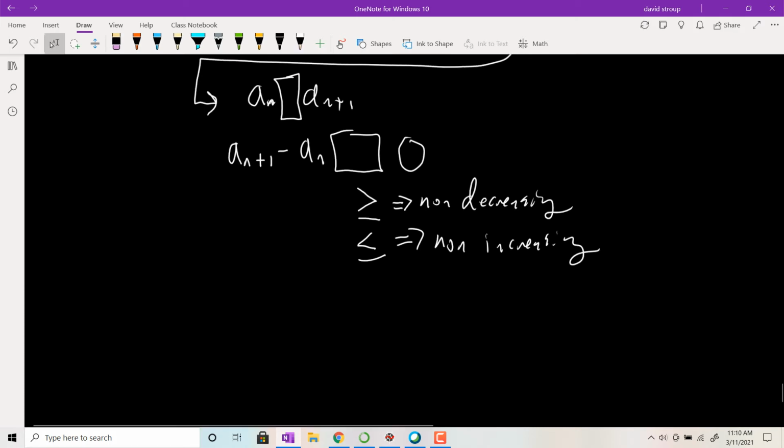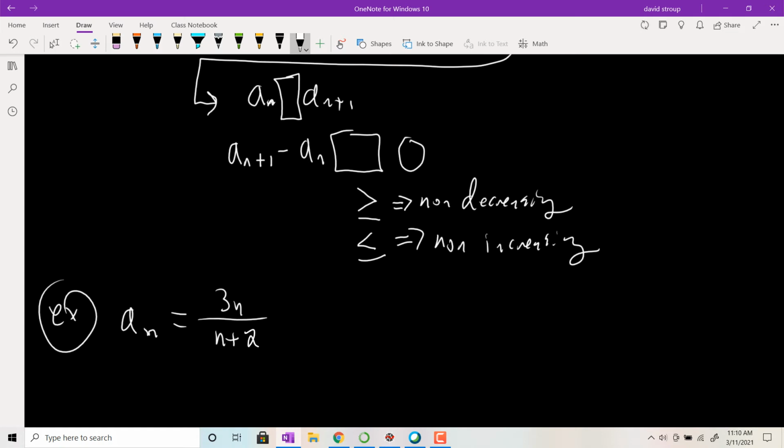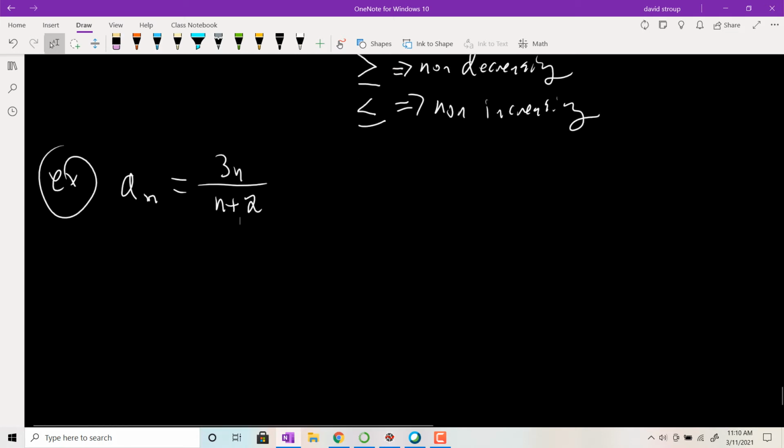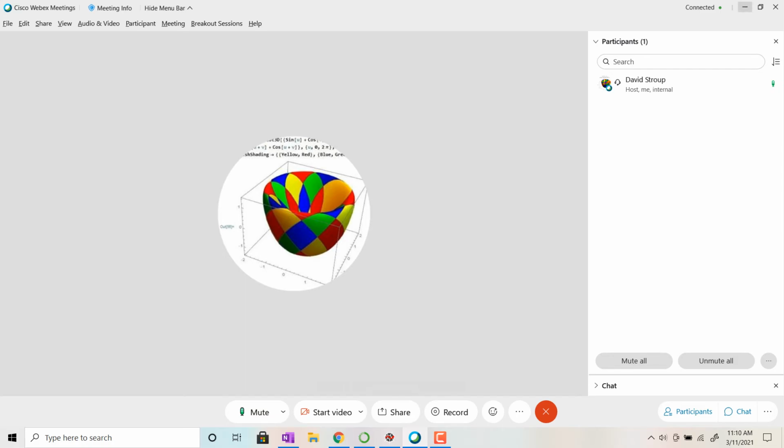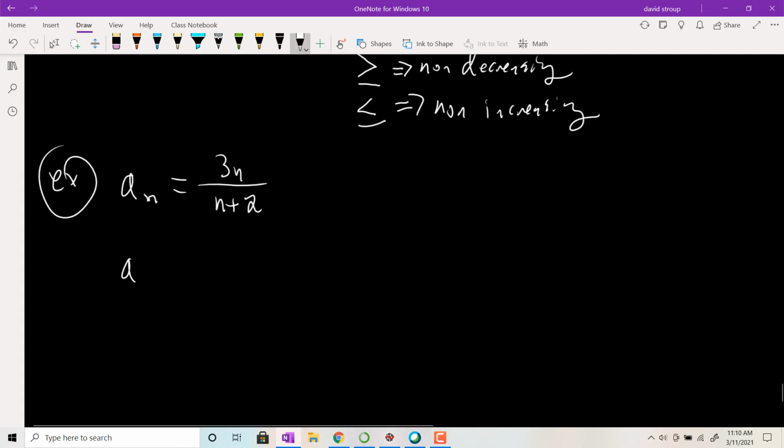So let's look at one of those types. For example, the sequence a sub n equals 3n all over n plus 2. Okay, so I'm going to need a sub n plus 1 minus a sub n.